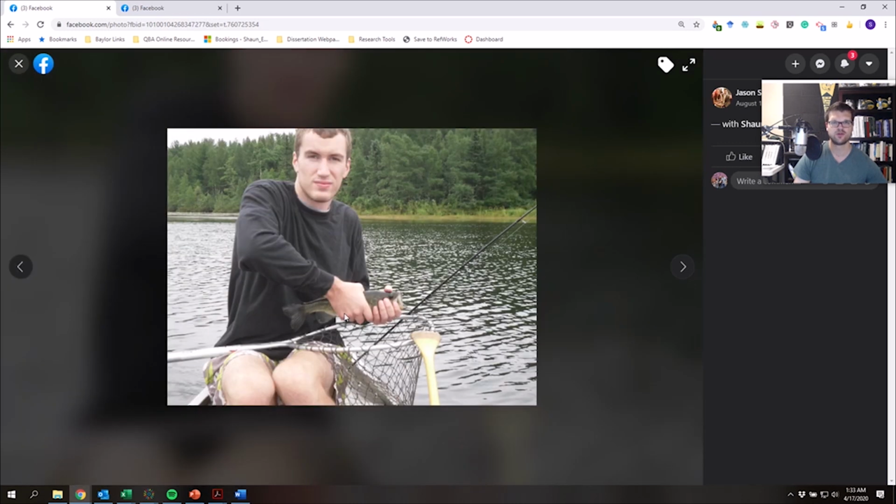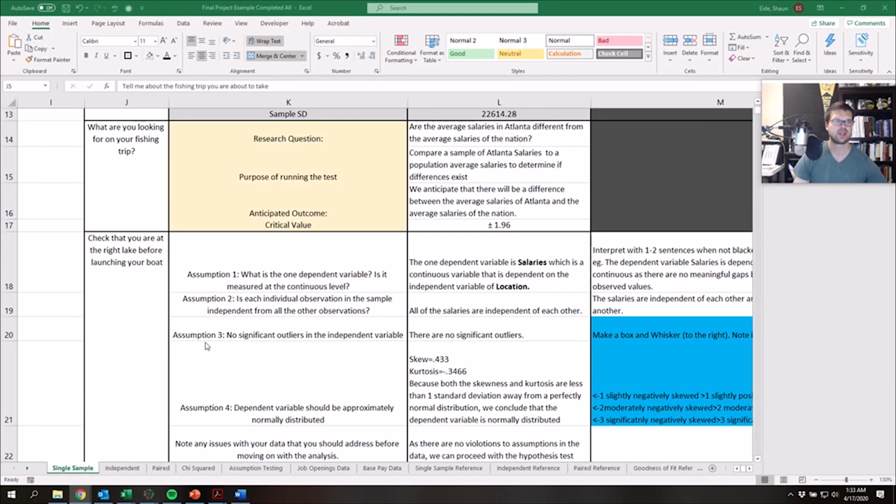Okay, but in order for you to go fishing for the right type of fish, you need to make sure that you're at the right lake. Make sure that you are actually looking for what it is that you're actually planning on catching. Next, determine what is considered catching something before you start.